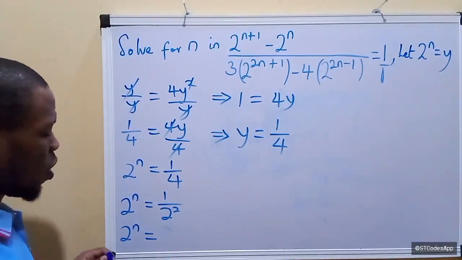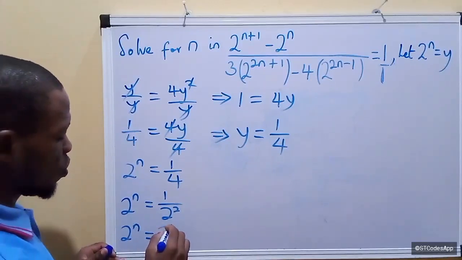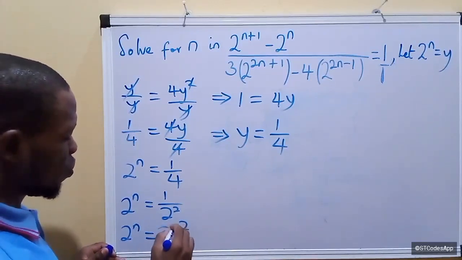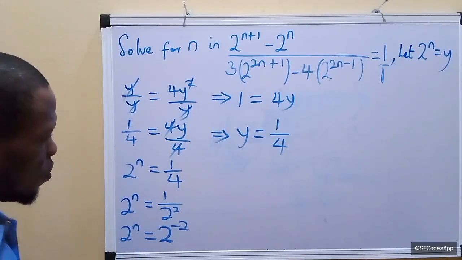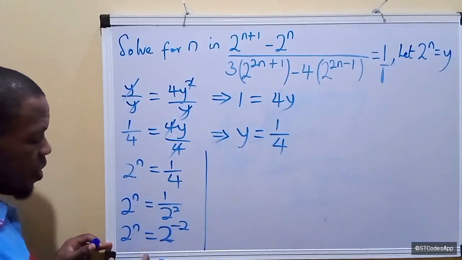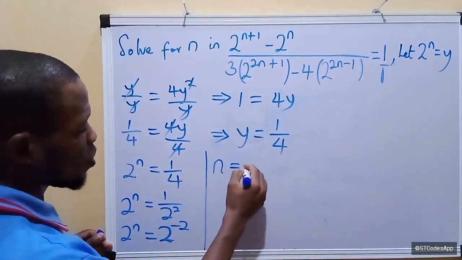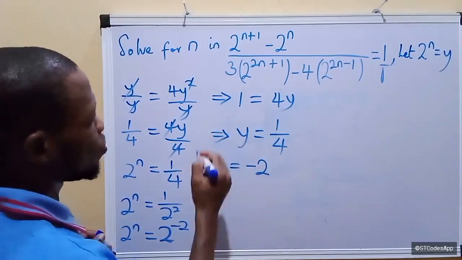Now, this is going to be equal to 2 raised to the power minus 2. Now, since the bases are the same, we equate the powers. This simply means that n is equal to minus 2.